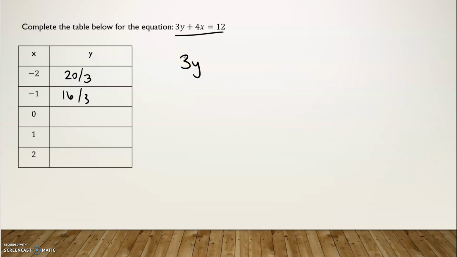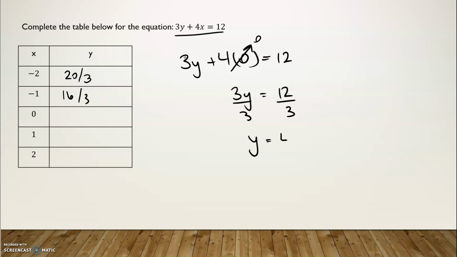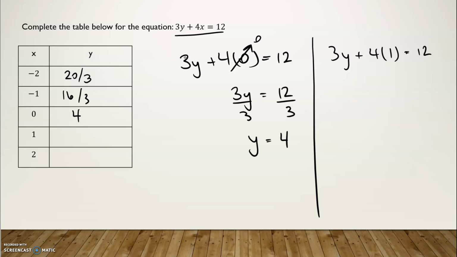Okay, so now 3y plus 4 times 0 is equal to 12. Okay, that's just going to go to 0. So I have 3y is equal to 12. Divide both sides by 3. So y is equal to 4. Okay, 3y plus 4 times 1 is equal to 12.